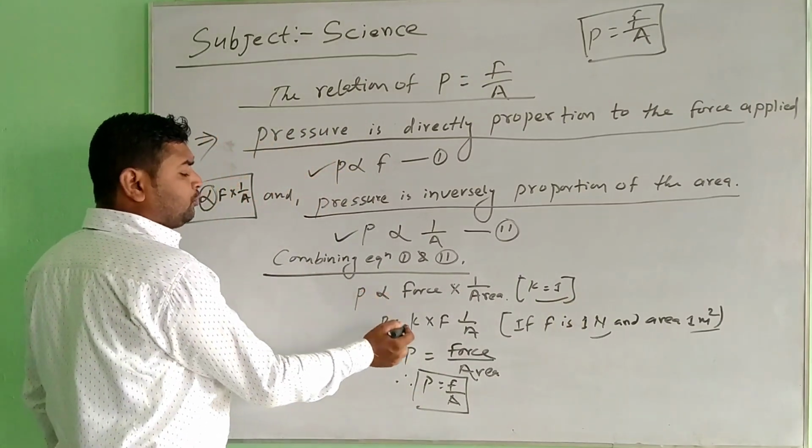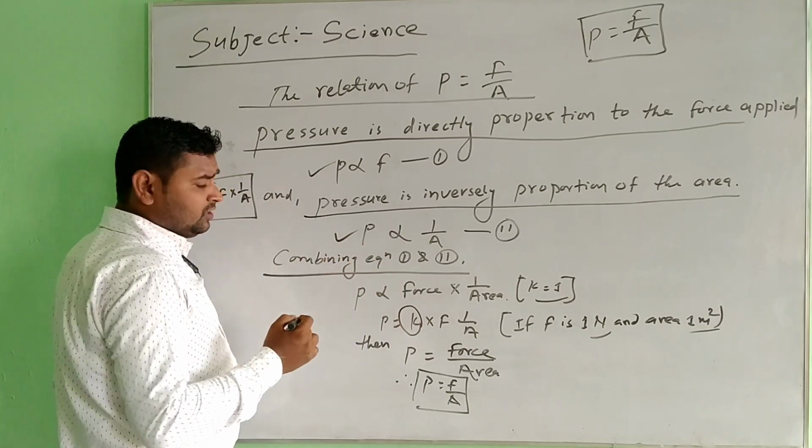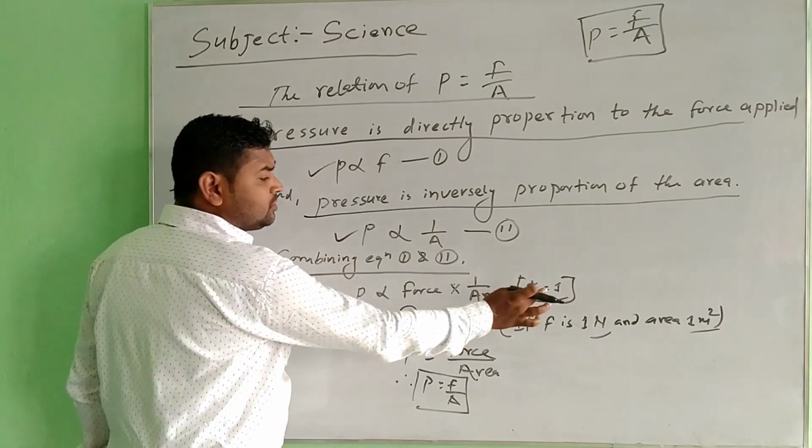So to remove the proportion, I have kept one constant term K, whose value is 1.